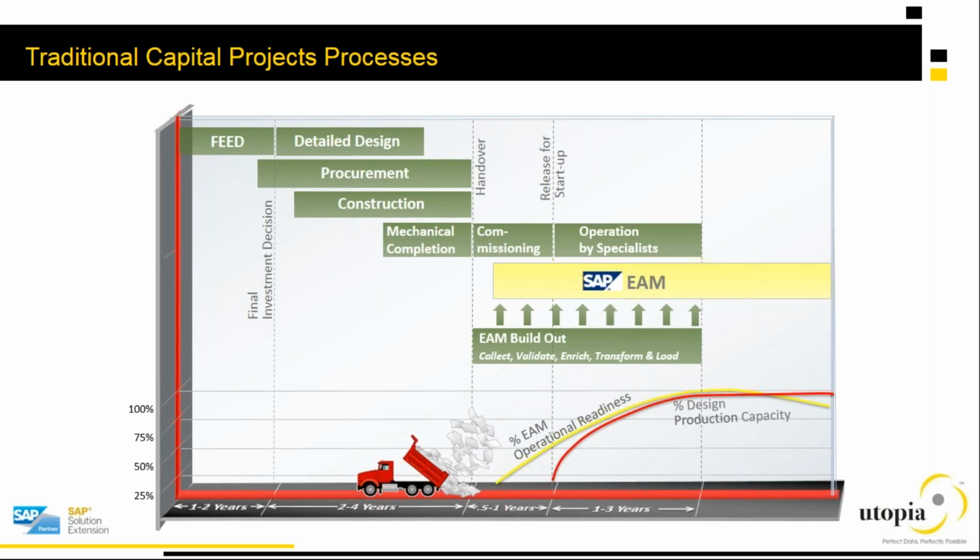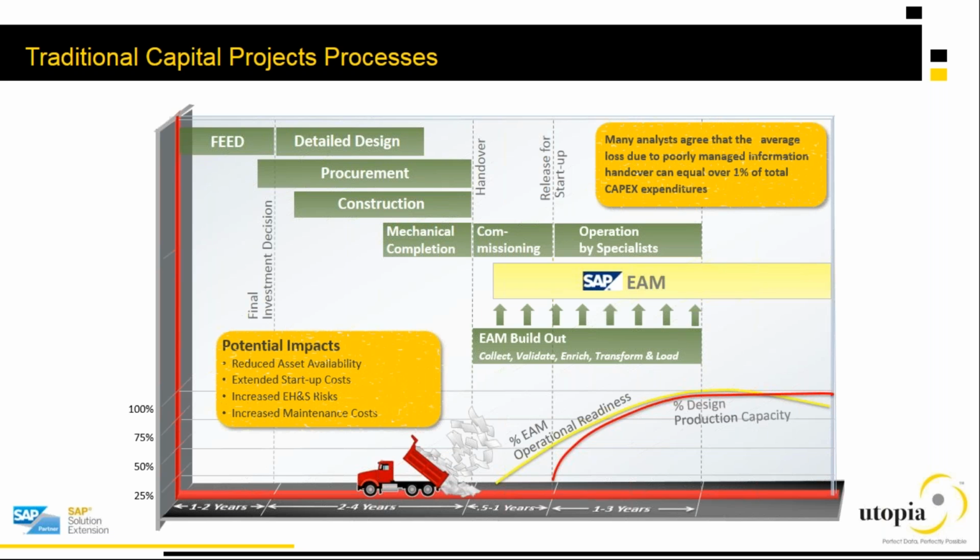Ultimately, that negatively impacts the production capacity of your plant. We want our plants, upon startup, to be operating at the highest capacity possible. And if you don't have a plant and an operating system to maintain that plant, the inevitable outcome is a reduction in production capacity, which is where that 1% of CapEx expenditures and the increase in costs can come from.